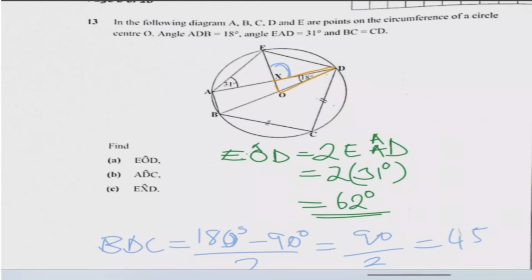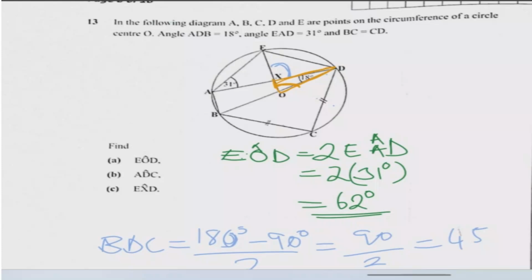This triangle. When you look at this triangle, we found this angle to be 62 degrees. This is the first angle we found, which is double the angle on the circumference. The angle on the center is double the angle on the circumference, so we found it to be 62.